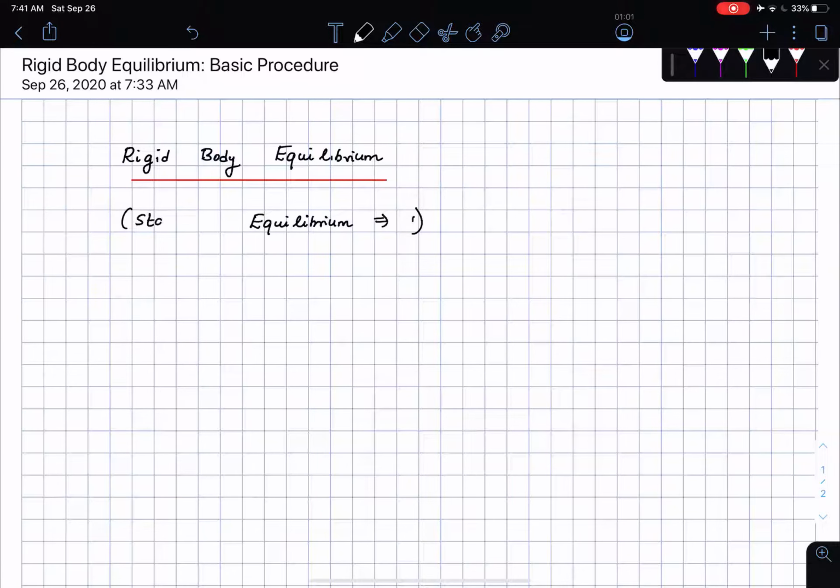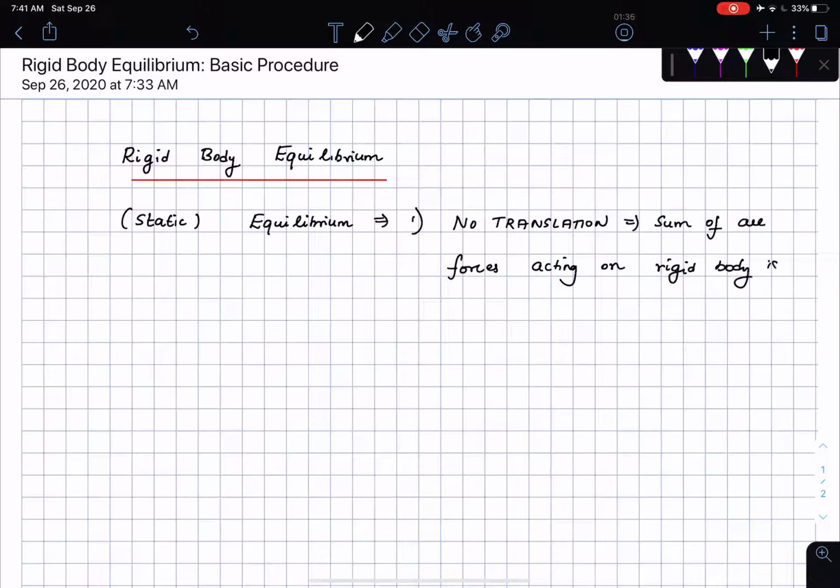Static equilibrium implies that the body has not undergone any translation, which means that there is no translation, which implies that the net force on the body is equal to 0. So this implies that the sum of all the forces acting on the rigid body is equal to 0.